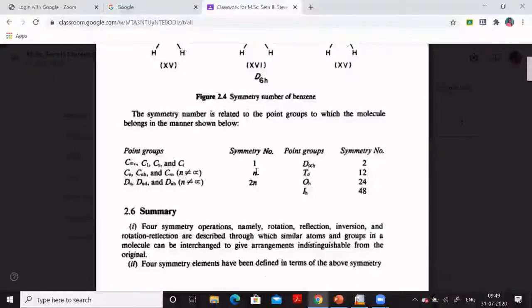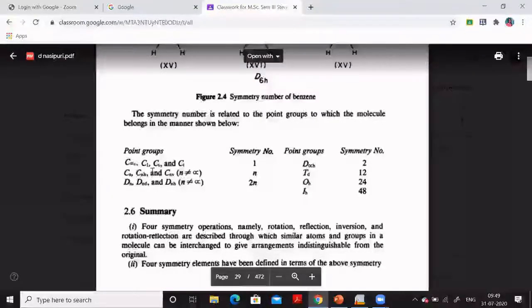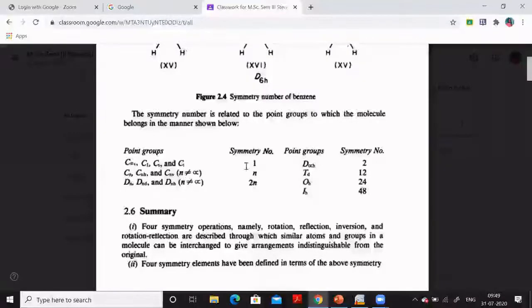If you remember the second, trans Decalin, what was its point group? C2H. C2H also belongs to the same group, and that's why if you look, its symmetry number is the same. Again, the symmetry number of both is 2. So the symmetry number for the cis Decalin as well as the trans Decalin is 2.